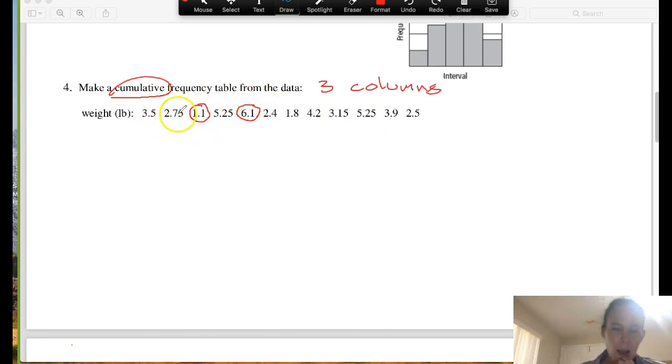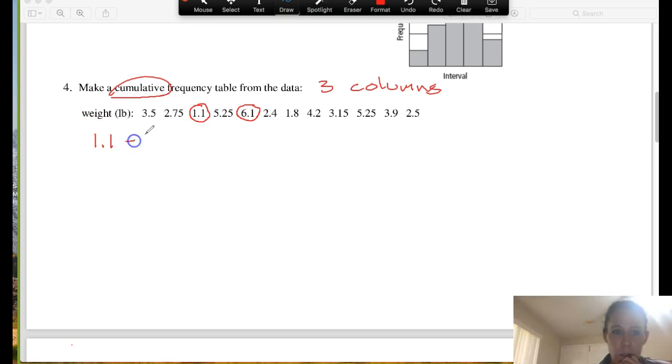Looking at how we want to group these, the easiest way for me might be just from 1 point. Since we're dealing with decimal places, you can have multiple data points within, like 3.15 and 3.5 would be within that one point.